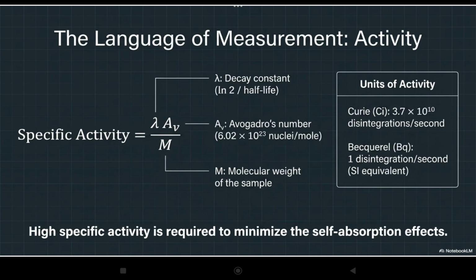In practical terms, this tells us how much radioactivity is packed into a given amount of material. The historical unit is the curie, while the SI unit is the becquerel, where 1 becquerel means 1 disintegration per second. High specific activity is often desirable because it reduces self-absorption inside the source and helps preserve the emitted spectrum.